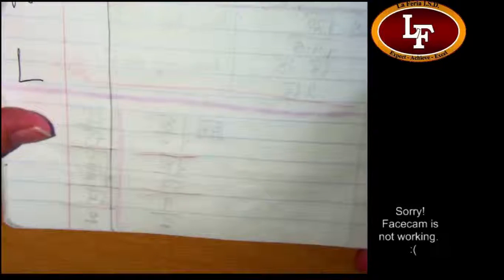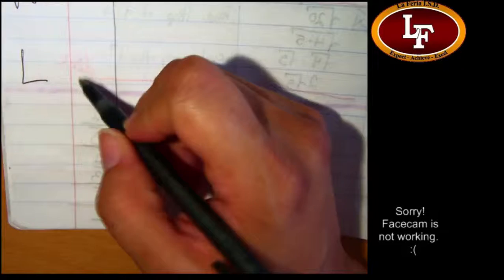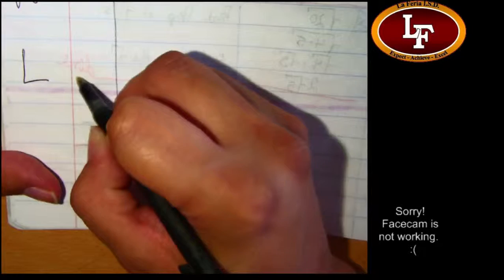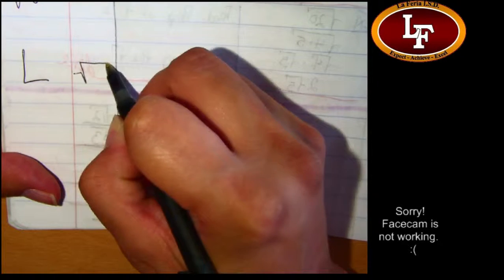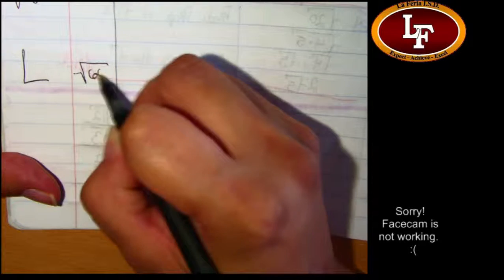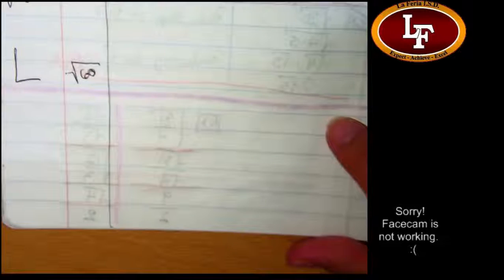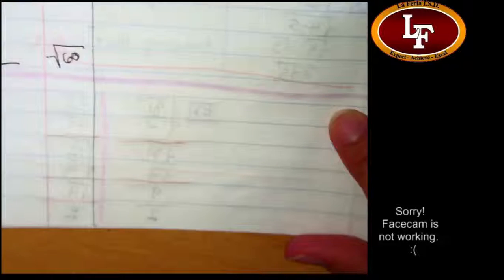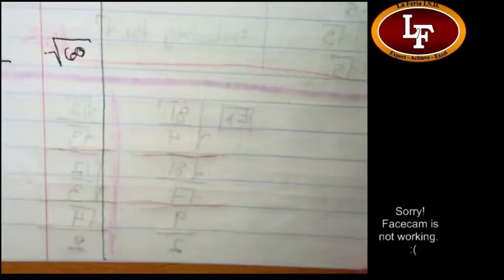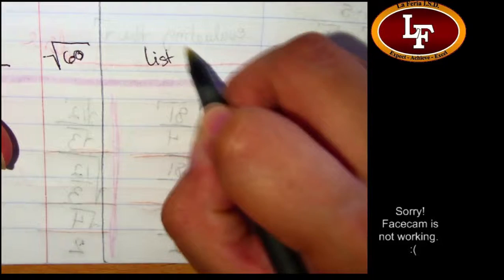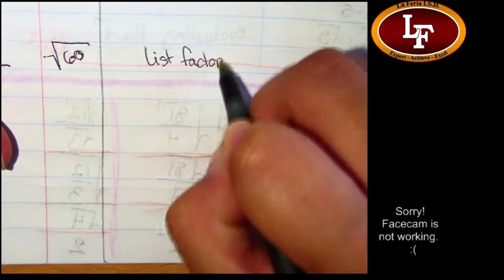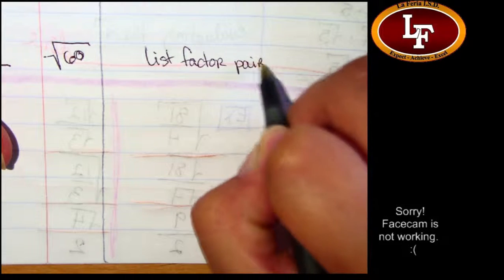All right, here we go. So the question that we had earlier was, when we've got something that looks like this, and please forgive my line here, you don't have to have this one, it's a leftover from when I got my page set up for notes. But when we've got something like this, and we've listed our factor pairs, the question is, how do we know which factor pair to use?